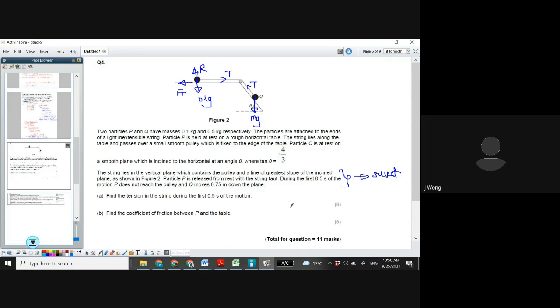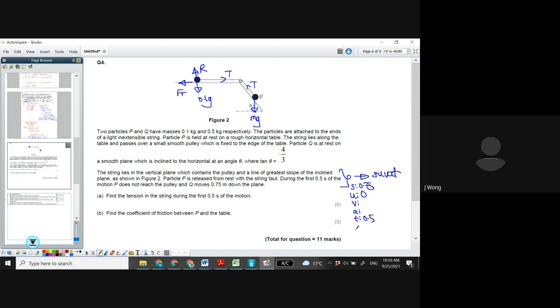Say during the first 0.5 seconds of the motion, Q will move 0.75 down the plane, so slide down by 0.75. So we could use it to find the SUVAT first. You have u is 0, you don't have v, you have s as 0.75, you want to find a, t is 0.5.